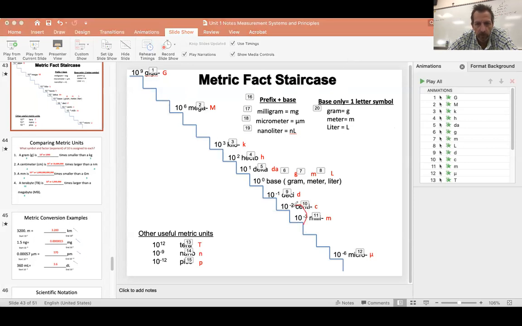In that case, we're moving 2 positions, but we're making a larger unit. So the number is going to get smaller. So we're moving upward, but to the left, upward a little bit. So the decimal is going to be moved 2 positions to the left because they're 2 factors of 10 apart. And that's what we're worried about in this particular example.